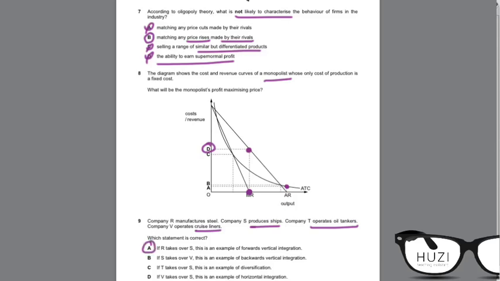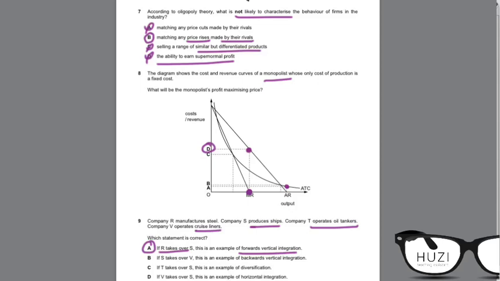This should be it because company R manufactures steel, which is in the primary stage of production. Company S produces ships, and that's in the secondary stage of production. So if R takes over S, it's definitely a vertical integration, and it's also forward.